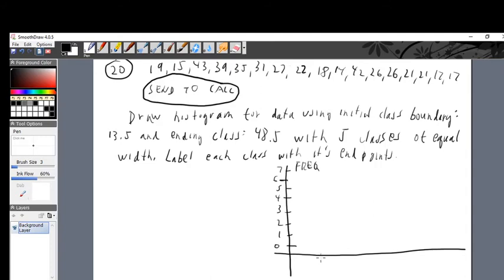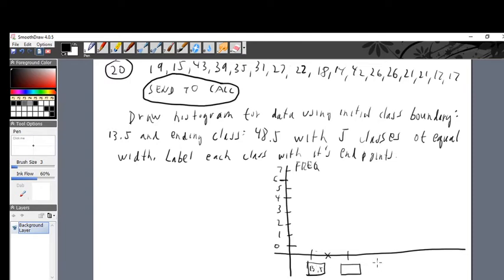And there's a little box over here, and something in the little symbol there in the middle, and then there's another box. And the first box has to have the beginning class, which is 13.5.